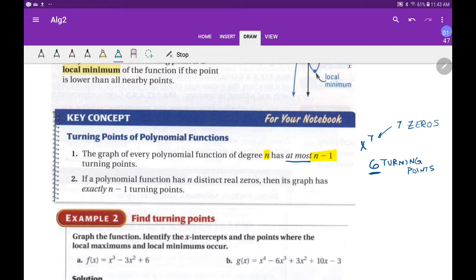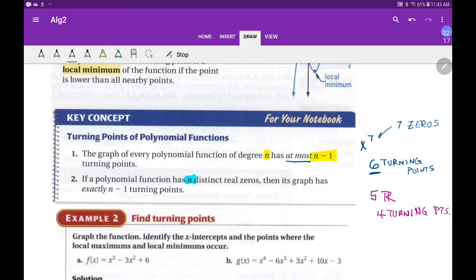But here's the second part. If your polynomial function of degree n has n distinct real zeros, then that's how many turning points you do have. But let's say we had this 7, and the 7 gave us 5 real zeros, then you have 4 turning points. It has exactly that many.